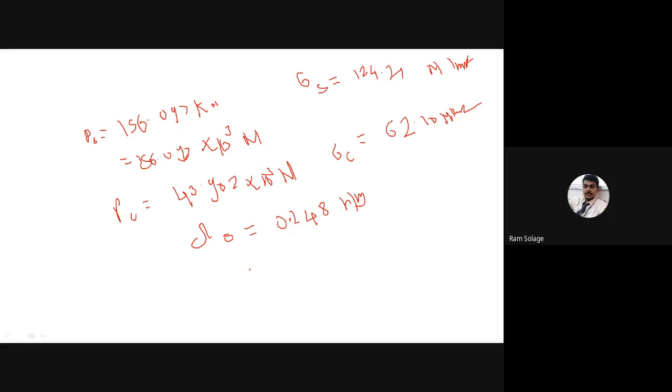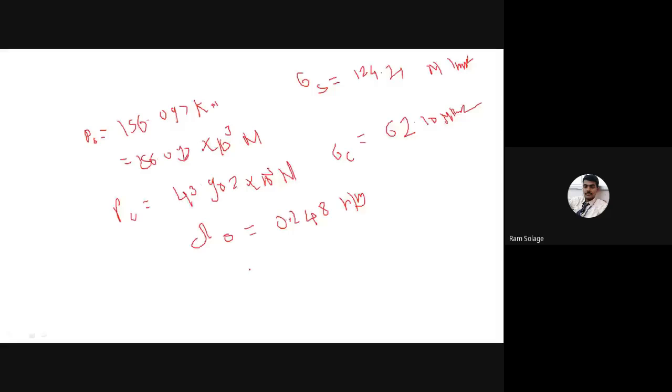Find the stress induced in each material and contraction over a length of 1.2 meter.